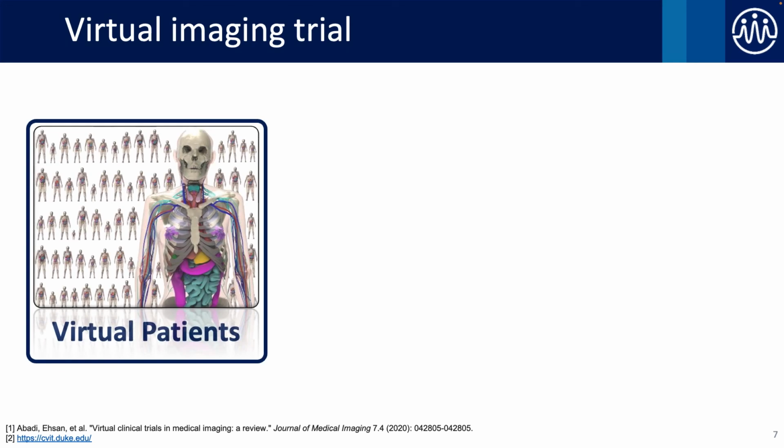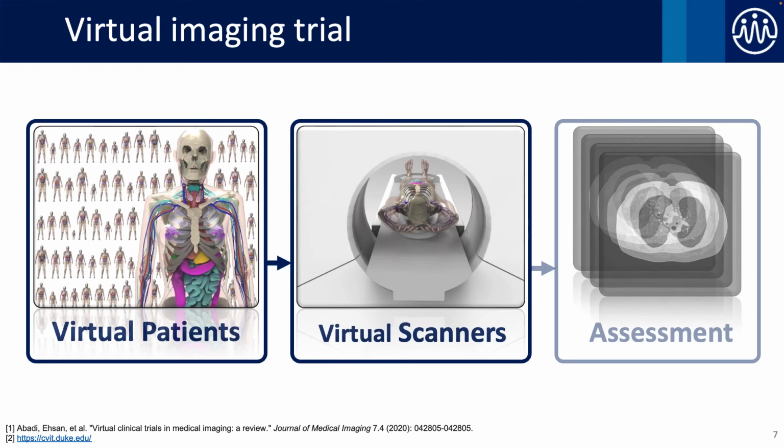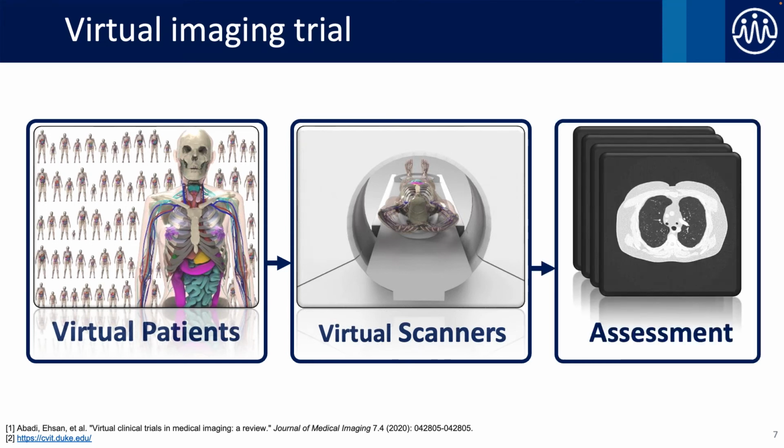You have a population of patients, virtual ones, and then you target them based on the cohort that you want to study, anatomically and physiologically. And then you also need to model the scanner virtually. So the scanner or the technology that you want to look into, you would model that both in terms of physics and geometry and acquisition and post-processing, all that.